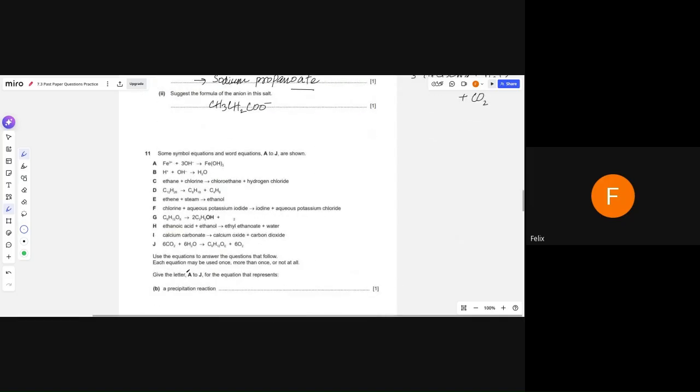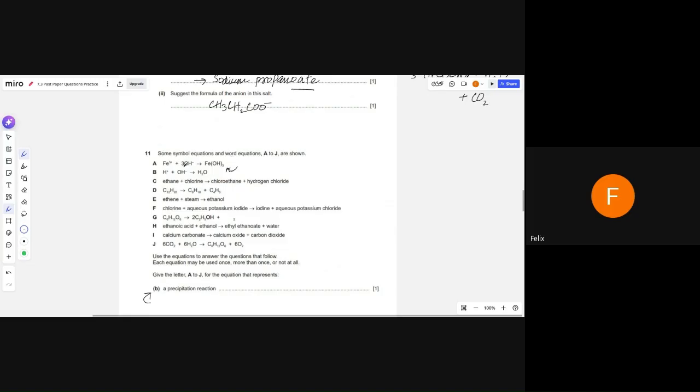Give the letter A to J for the equation that represents a precipitation reaction. How will you figure out which one is the precipitation reaction? Again, you should know the solubility rules. They tell us that hydroxides are mostly insoluble, and iron hydroxide is insoluble.